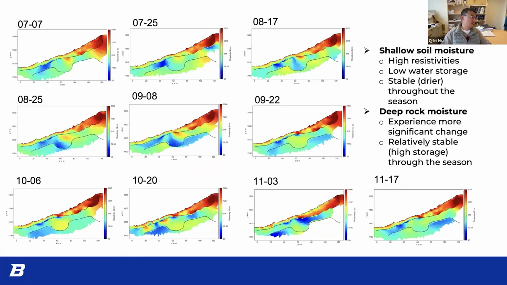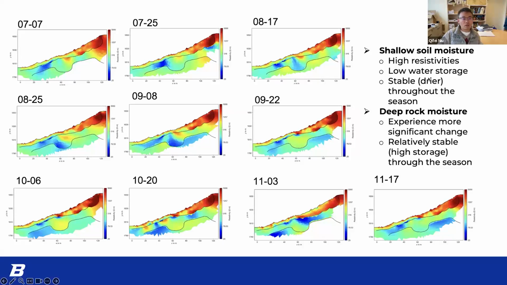If we combine all 10 images together, you can clearly see the temporal change of the resistivity at this site. For the shallow soil layer, we didn't see a very clear change; it stays very stable, and the resistivity value is very high.